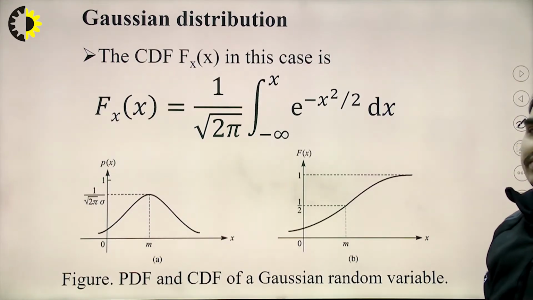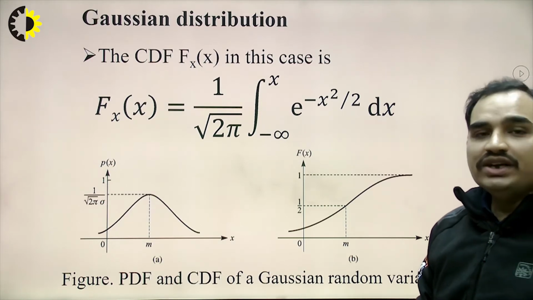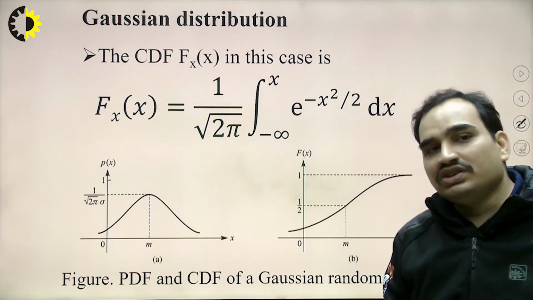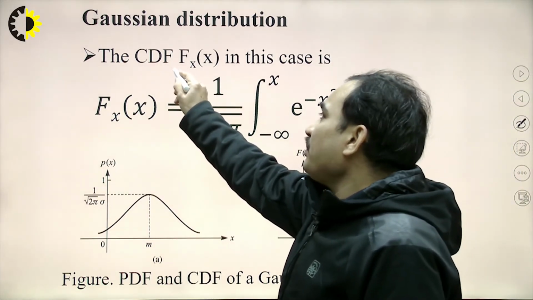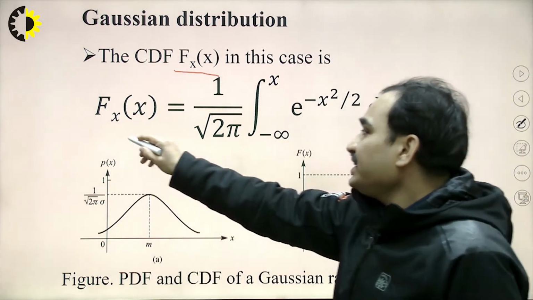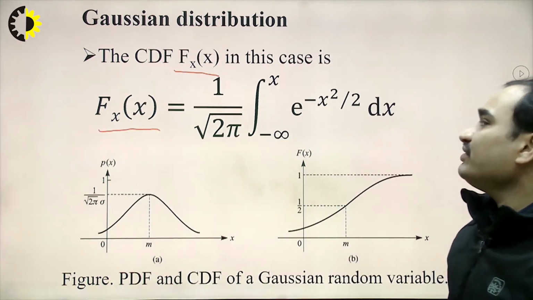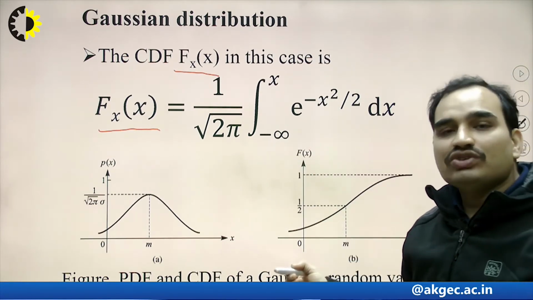Now, the CDF, the cumulative distribution function. Now, we have defined the PDF. What is the CDF for the Gaussian distribution? In case of the CDF, we denote it by capital F of x, because x is a random variable, and for this case the CDF is given by 1 upon under root 2 pi, because we know it is nothing but integration of the probability.